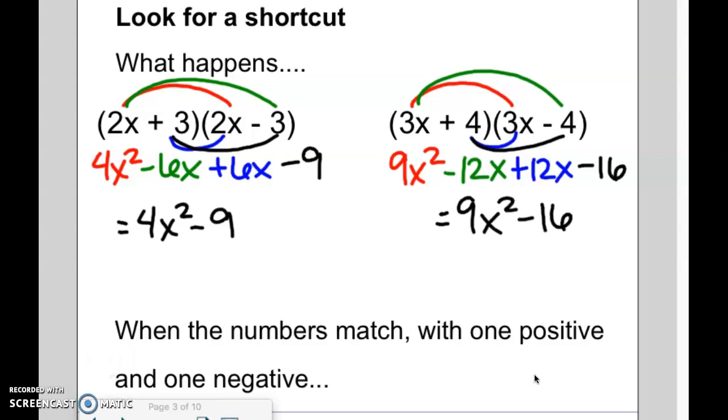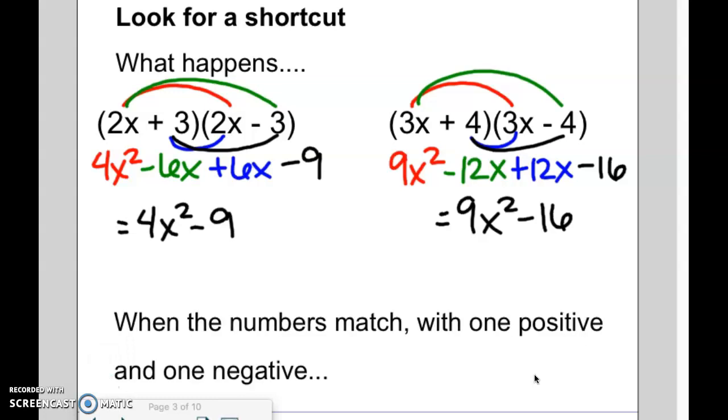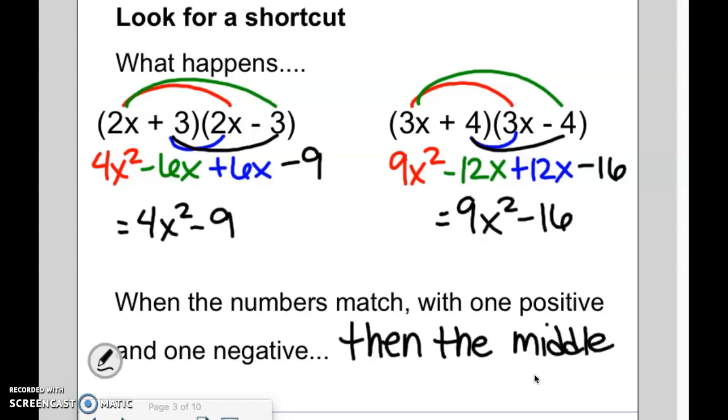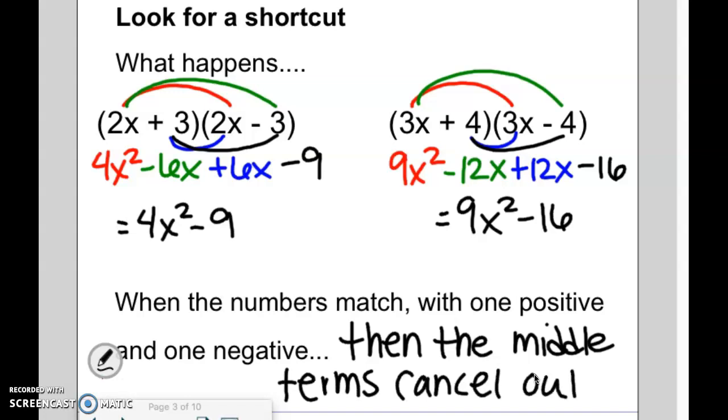So pause the video and see if you can finish this sentence. When the numbers match with one positive and one negative, then the middle terms cancel out. And that could be a piece of your summary.